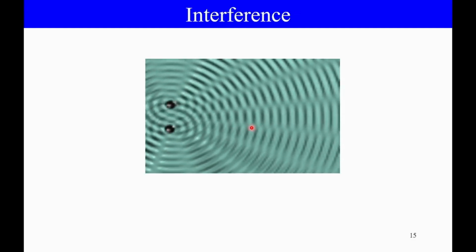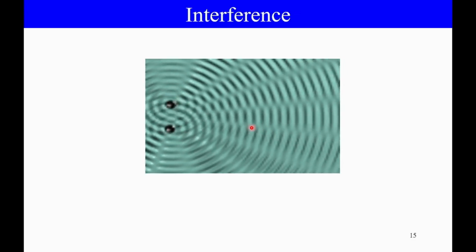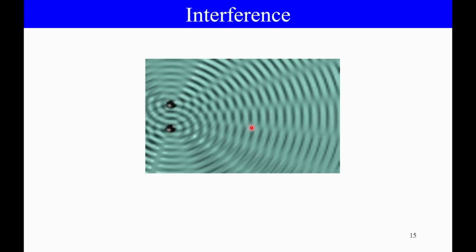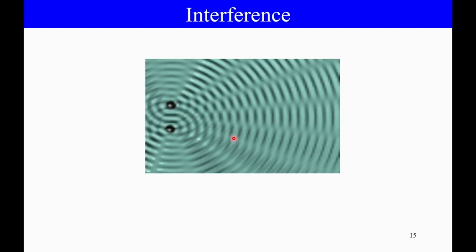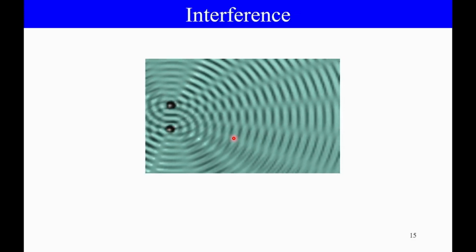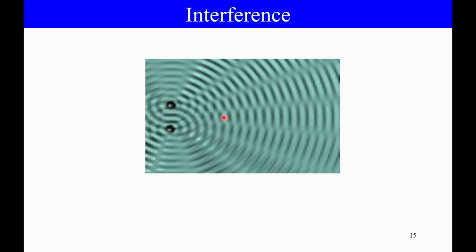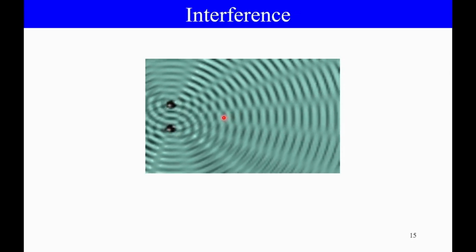Here the fringes are of two types, circular fringes and parallel fringes. In this slide, I am going to show circular fringes, which have dark fringes and bright fringes. Dark fringes are because of destructive interference and bright fringes are because of constructive interference.